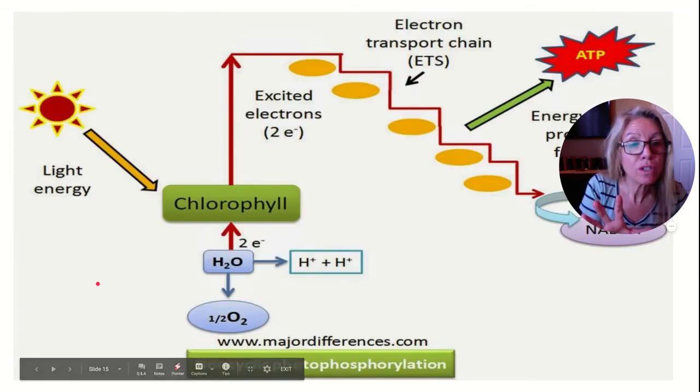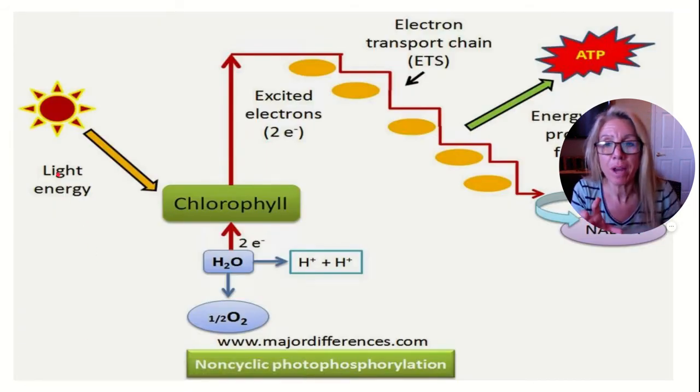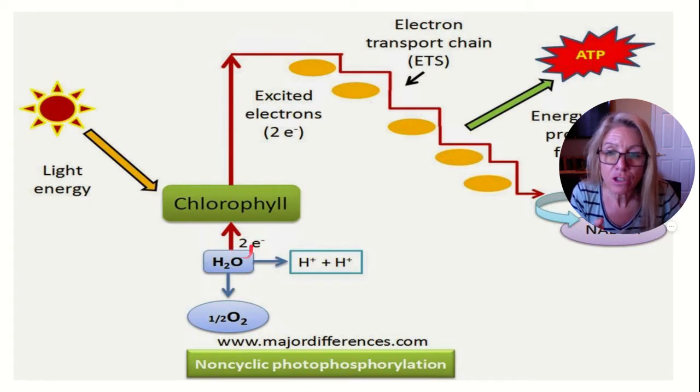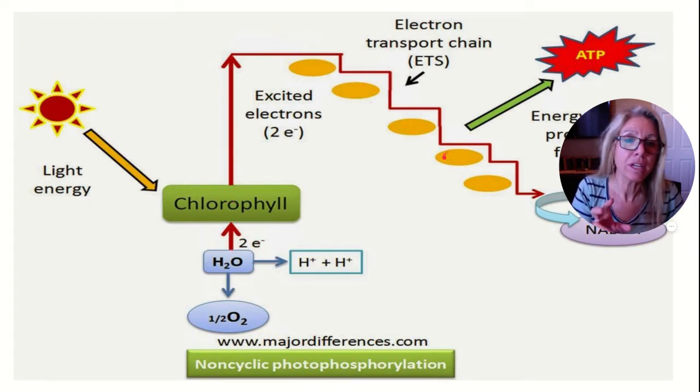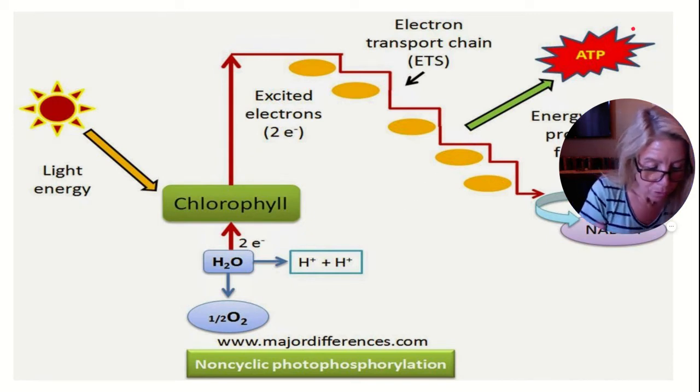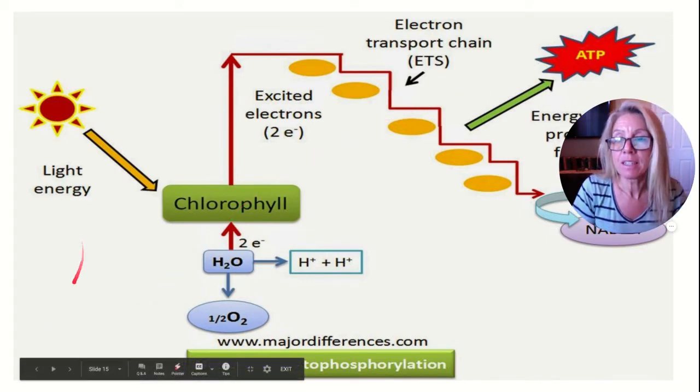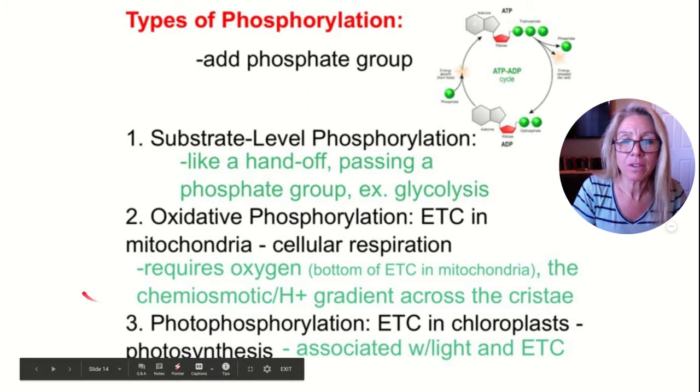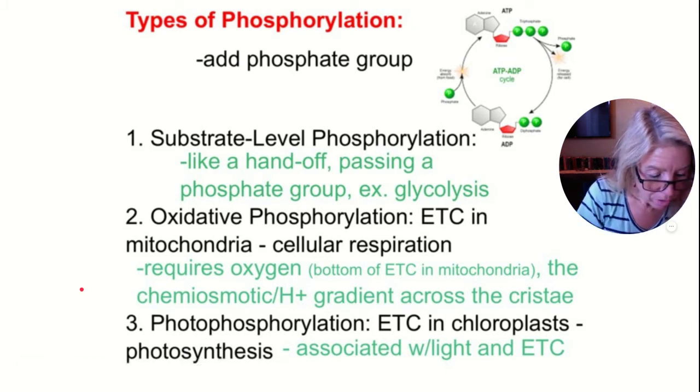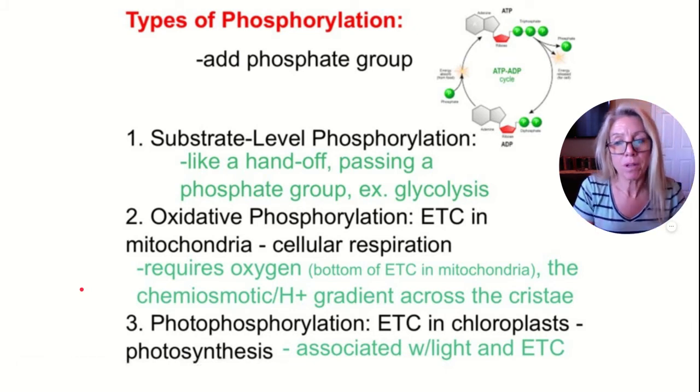This is an oversimplification of photosynthesis in the light reaction, but here you can see electrons from water are excited by the sun, and they go through an electron transport chain, and that's how you make your ATP. So photophosphorylation is associated with light and chloroplasts. Here, I can go back so you can see the notes.